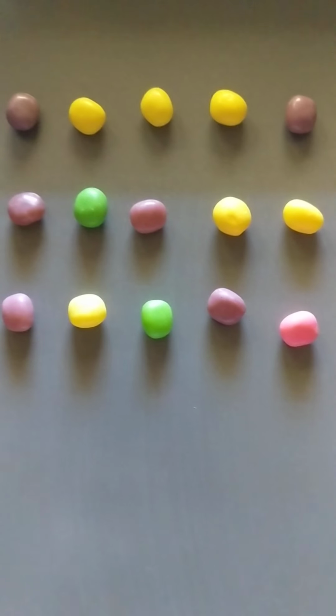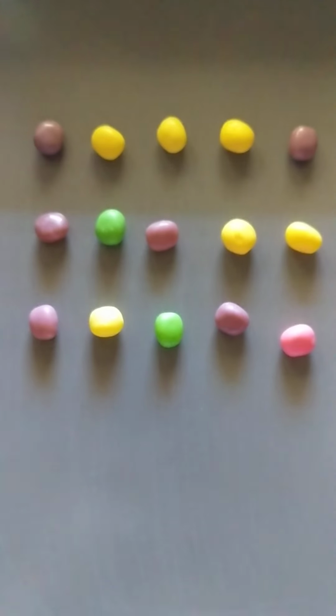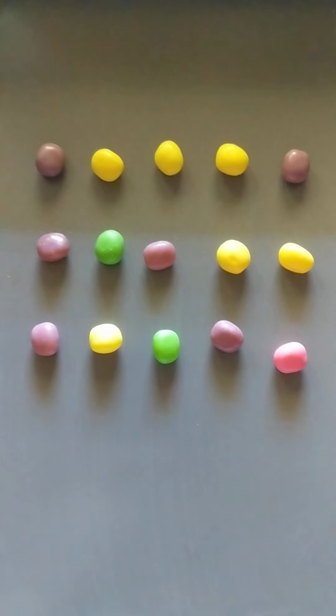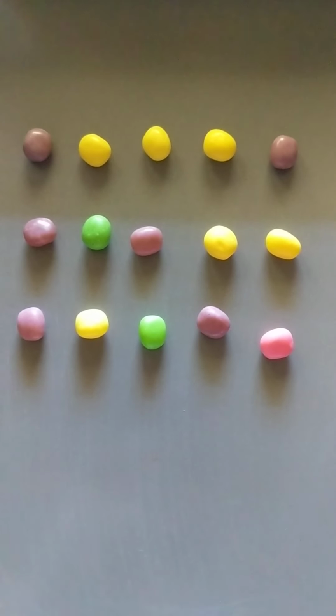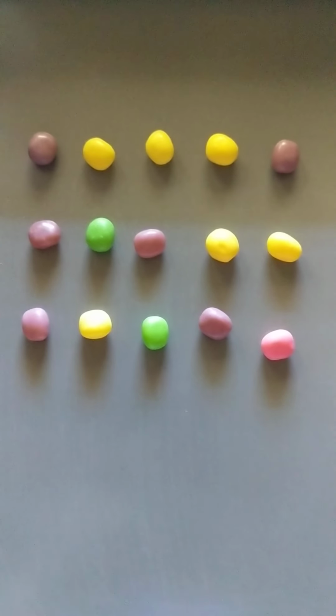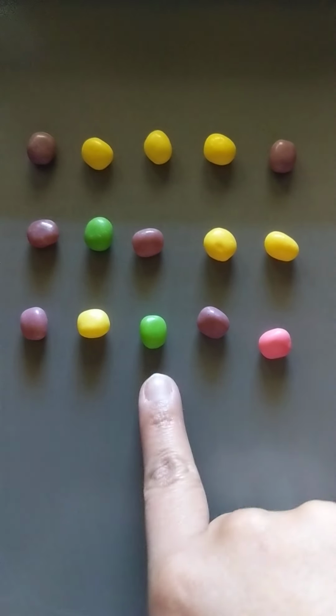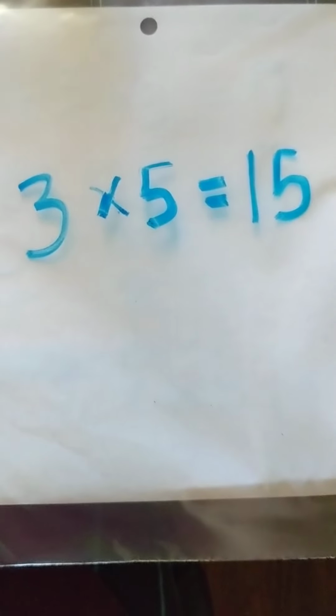Now I need to figure out how many are inside each row. Does it look like I have to count every single row, or can I just count 1 row and tell that all the rows have the same thing? Right, I can tell all the rows have the same amount. So 1, 2, 3, 4, 5. Then I'm just going to do 3 times 5. So 3 times 5 is 15.